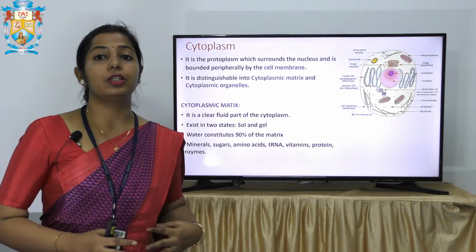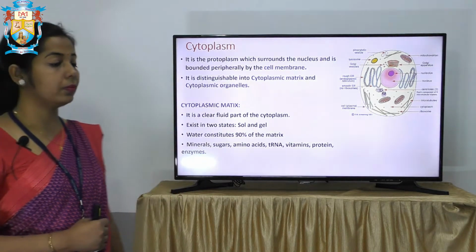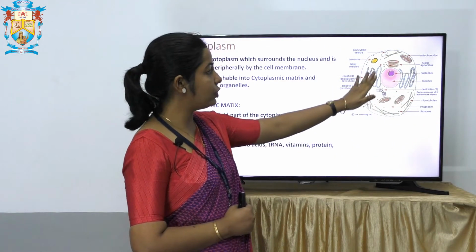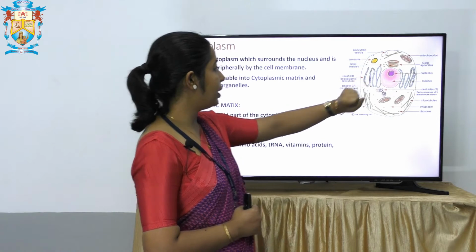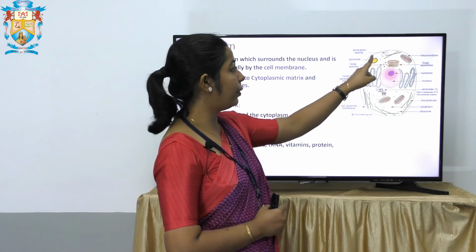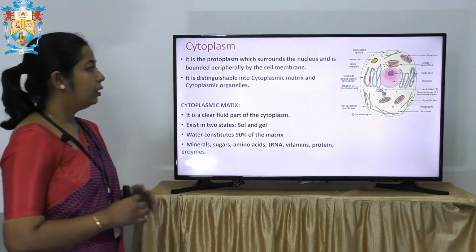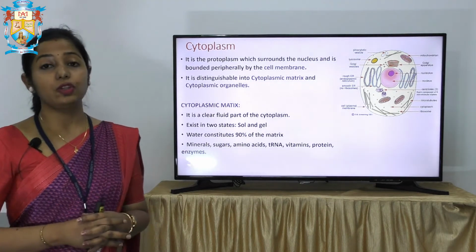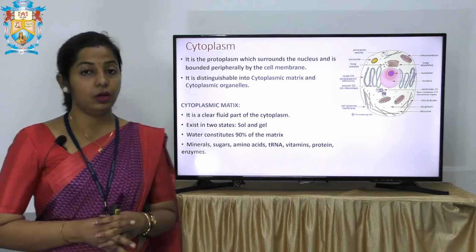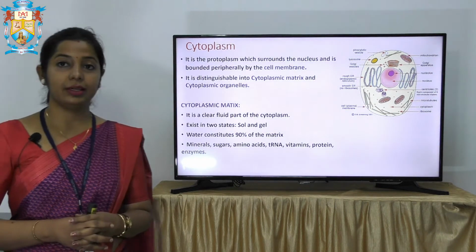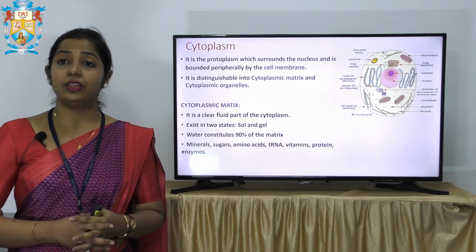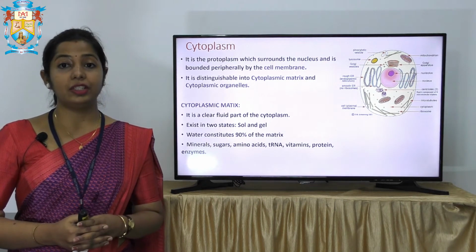Now, at first we will talk about cytoplasm. Cytoplasm is the part of the protoplasm which surrounds the nucleus, and it is bounded at the periphery by a cell membrane. This cytoplasm is distinguishable into cytoplasmic matrix and cytoplasmic organelles. So, what is cytoplasmic matrix? It is the clear fluid part of the cytoplasm, and it exists in two states, that is sol and gel.